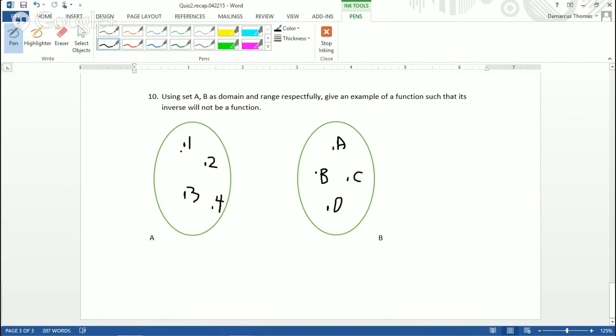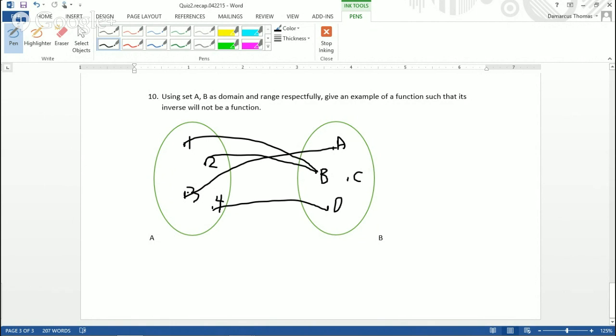And then I need to create something such that if I reverse it, if this is my domain now and I'm going backwards, it will not be a function. And so what we're going to have to do is make 1 go to B, 1 is mapped with B, 2 is mapped with B. We'll make 3 mapped with A and 4 mapped with D. This is a function.